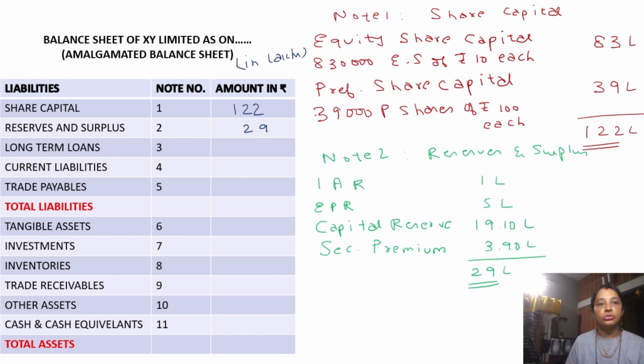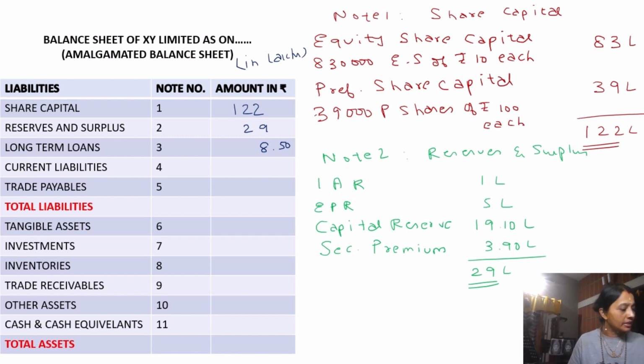Then long-term loans we take, normally you should show it in note 3. I will be taking directly. You take debentures. So debentures total you have 8,50,000. 8.50 is the total debentures.